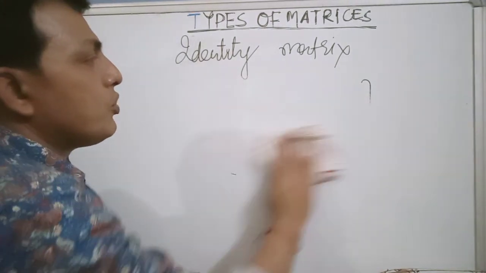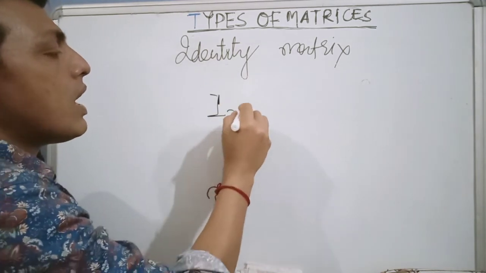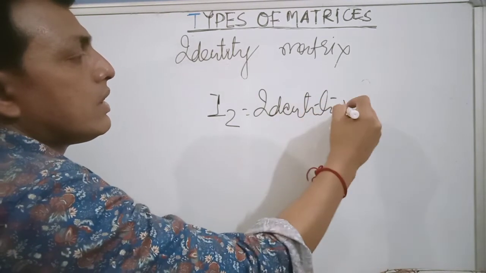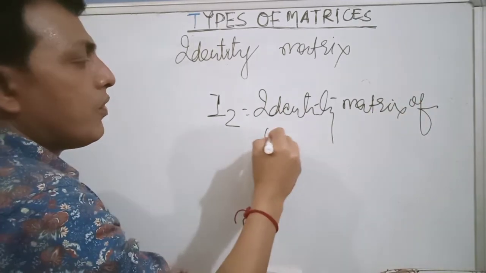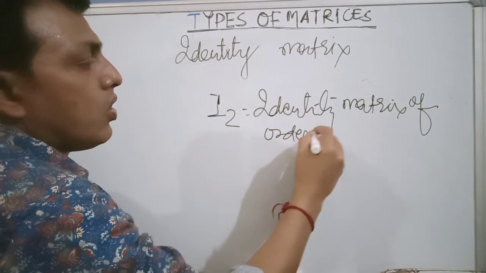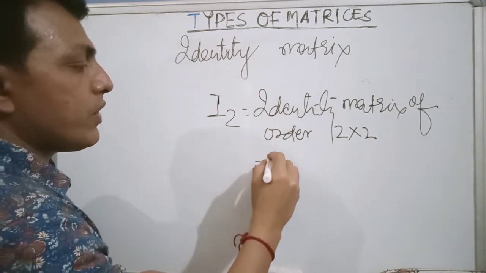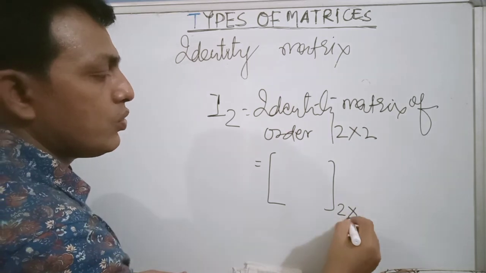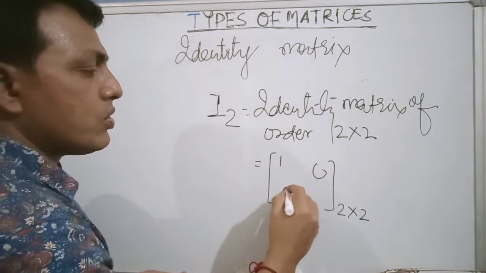Go for the second example that we have to use in the exercise. I2 means identity matrix of order 2 by 2, and the representation of I2 is 2 by 2: 1 0 0 1.